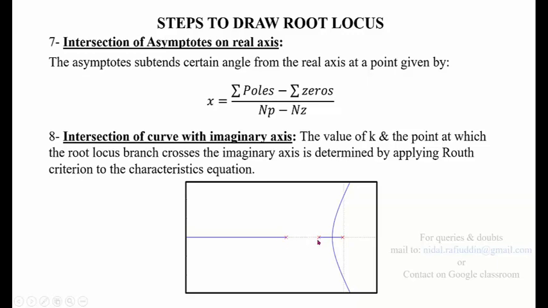As you start increasing k from 0 to infinity, two of these poles will move towards each other. They will clash at a point, which is called the breakaway point, and will move in the direction shown by the branches towards infinity, while the third pole will move towards the left side of the real axis to infinity.